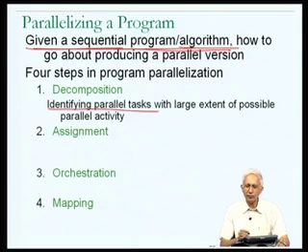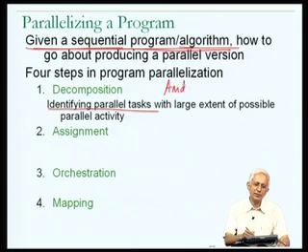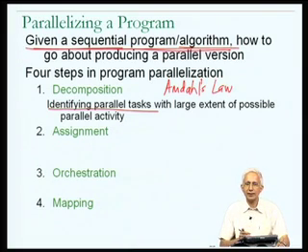This is also important from the perspective of what we saw in the previous lecture about Amdahl's law, which told us that the speedup from parallelizing a program depends on the fraction of the sequential version of the program which could not be parallelized at all. And this initial step will give us some idea about what that sequential fraction might be.